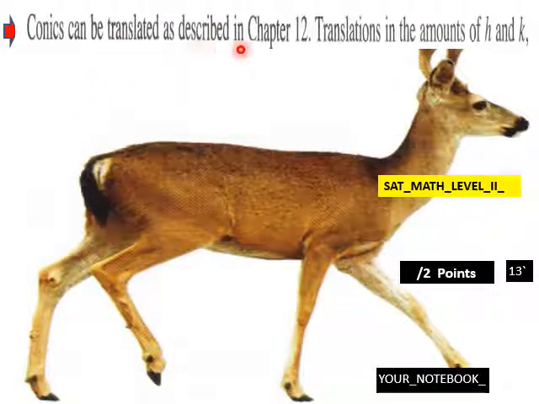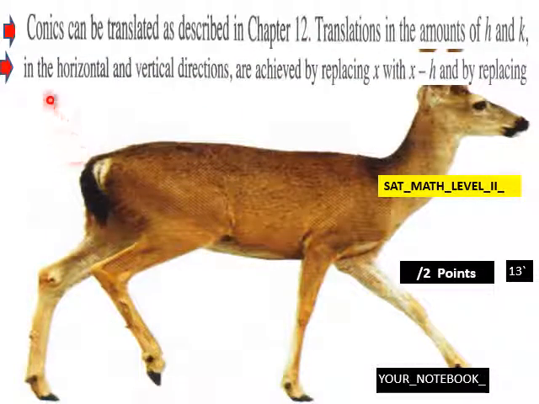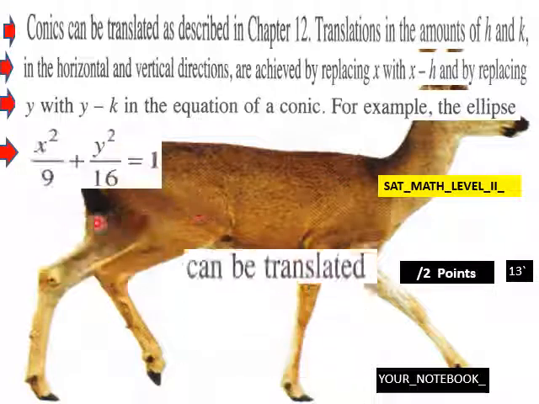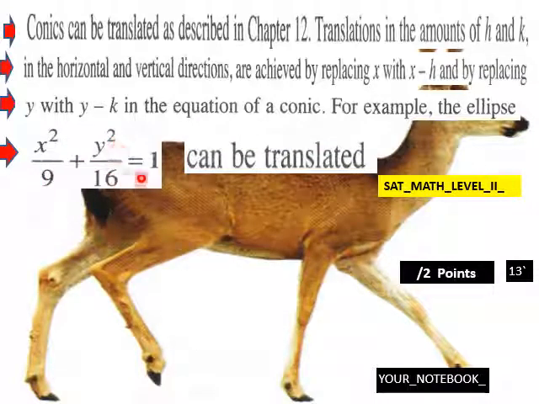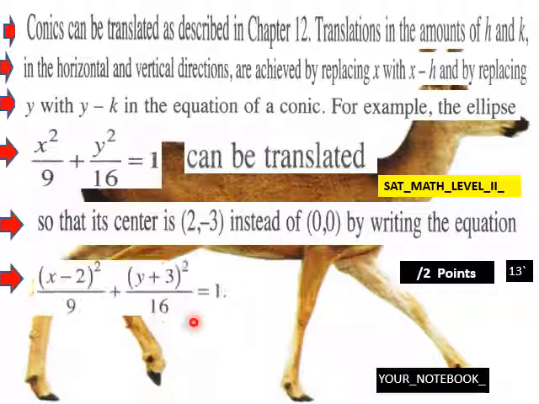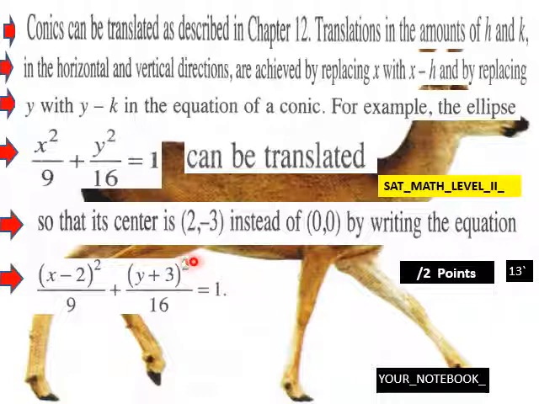Conics can be translated as described in chapter 12. Translations in the amounts of h and k in the horizontal and vertical directions are achieved by replacing x with x minus h, and y with y minus k in the equation of a conic. For example, the ellipse x squared over 9 plus y squared over 16 equals 1 can be translated so that its center is (2, negative 3) instead of (0, 0), by writing the equation (x minus 2) squared over 9 plus (y plus 3) squared over 16 equals 1.